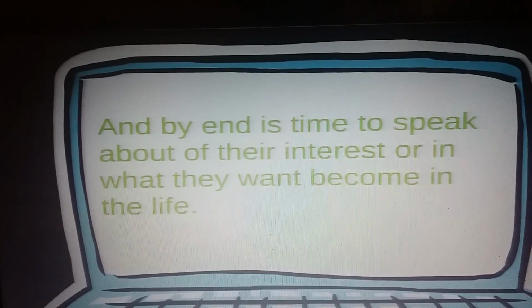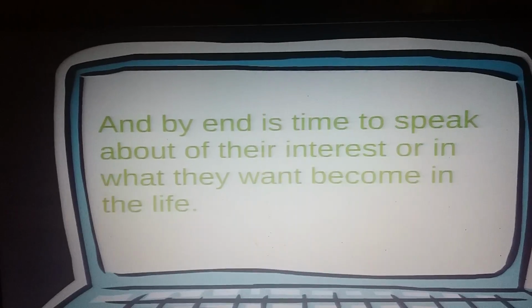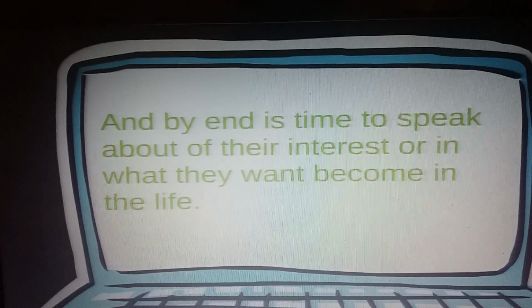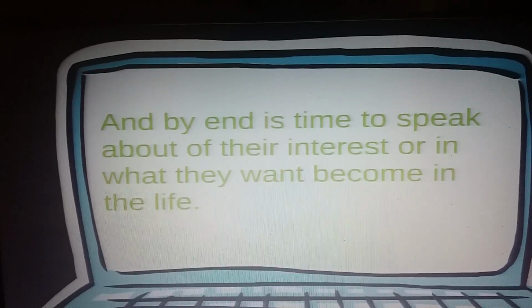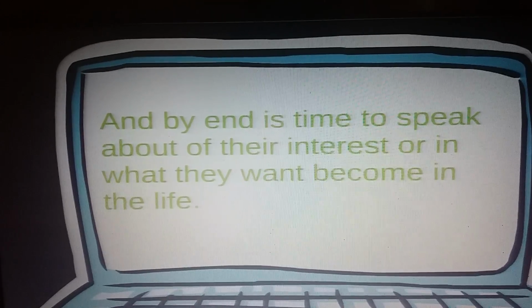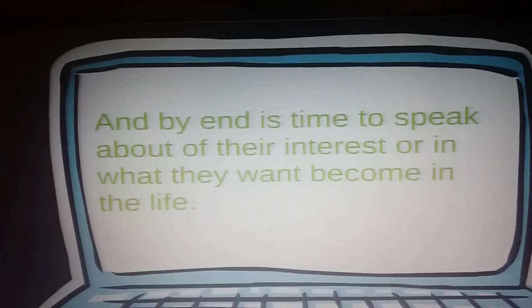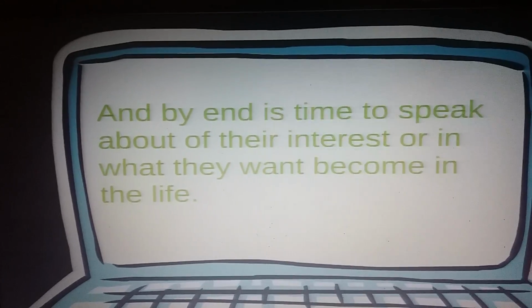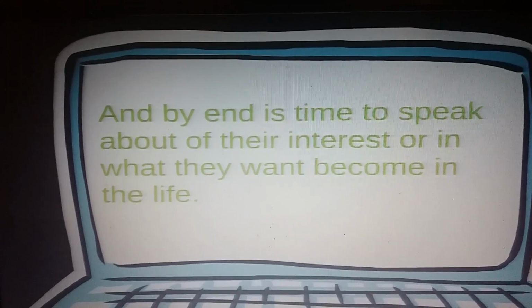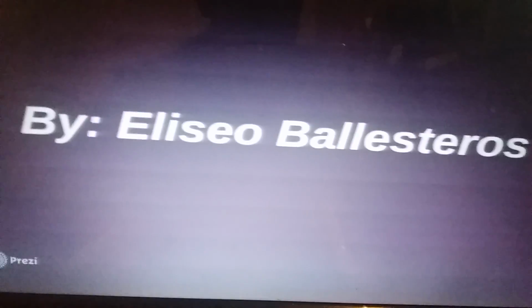The idea in this stage is that the students can say what they want to become or what they like to do in the future. Okay, this is the personal presentation.